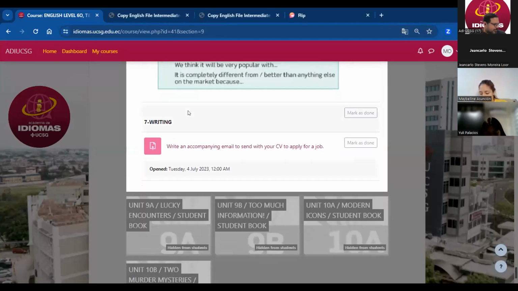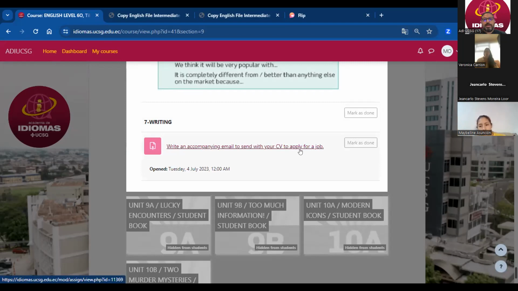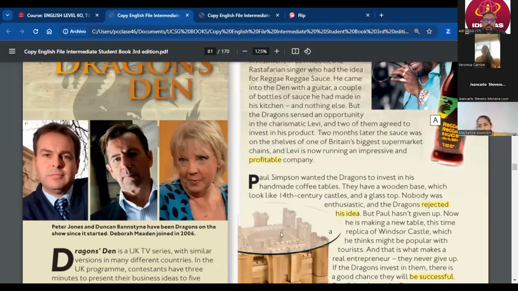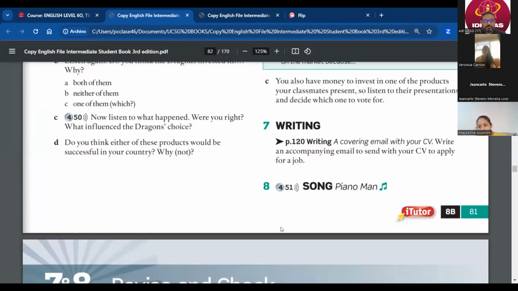We got the final activity on this unit, that is the skill of writing. They refer to this one as an activity in which you're going to write an accompanying email to send with your CV to apply for a job. Let me take a look at the activity just to see if we have a model for it. If not, not a problem.